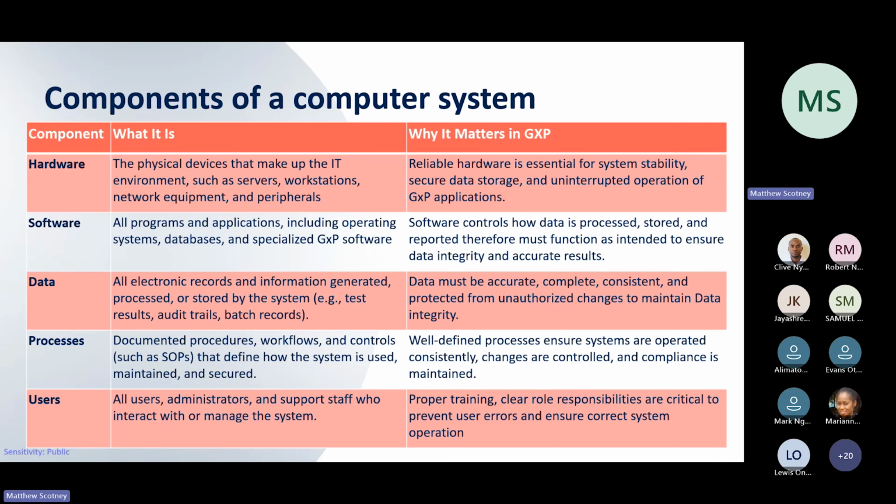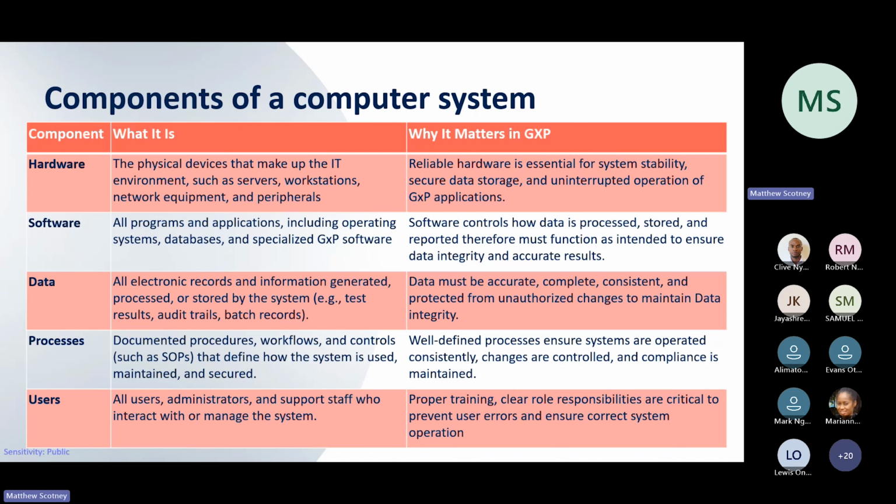And you can see here that each component of a computer system can have a significant impact on its ability to function. So from a quality point of view, we would perhaps say, how does it comply with GxP, with GxP being the best practice? And in this instance, we're thinking about good manufacturing practice, good clinical practice, good laboratory practice, which we introduced earlier.